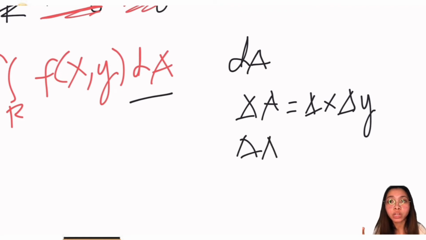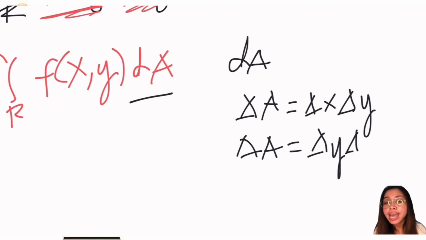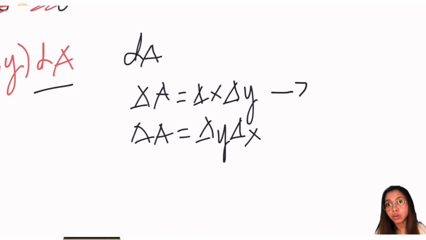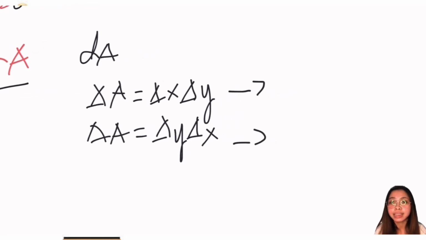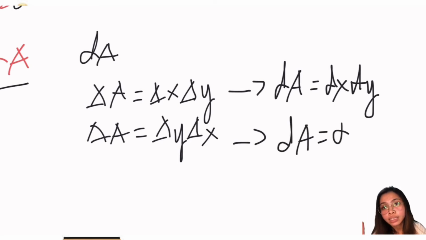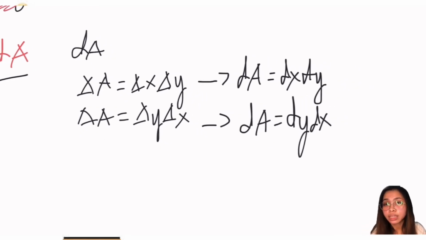Delta A is equal to delta x times delta y, and it can also be delta A equal to delta y times delta x. It is equal because of the commutative property. So dA can be equal to dx times dy, and since delta A is also equal to delta y and delta x, dA can also be dy times dx.